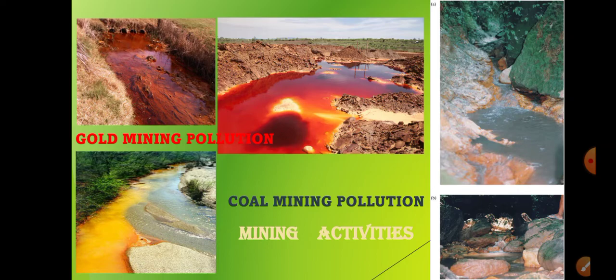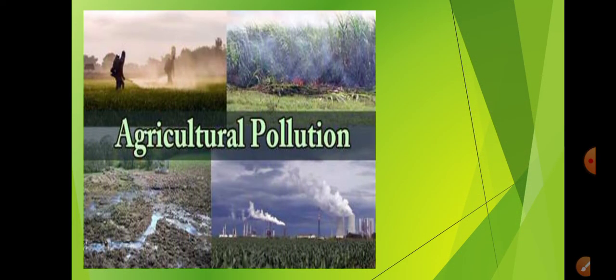So gold mining pollution, how gold mining is causing pollution. You can see the color of the water body is changing in both cases, gold mining as well as coal mining pollution. So this is how your water bodies are getting affected.